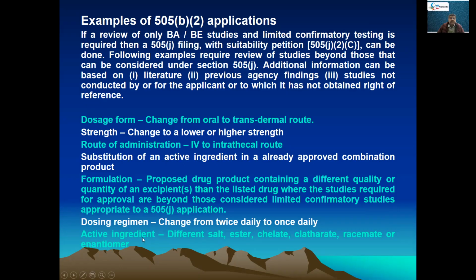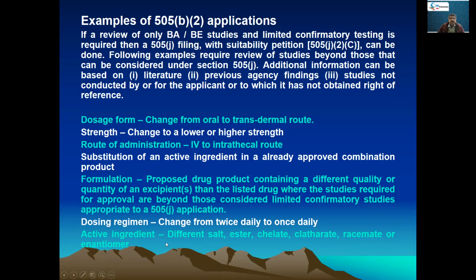Change in active ingredient. For example, using a different salt form, an ester or a prodrug, chelate, clathrate, racemate, or enantiomer of the active ingredient for preparing a new product will fall under 505(b)(2). For example, omeprazole is now also available as an enantiomerically pure product called S-omeprazole.